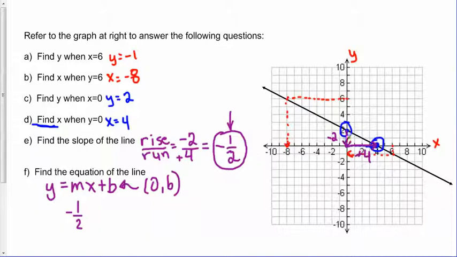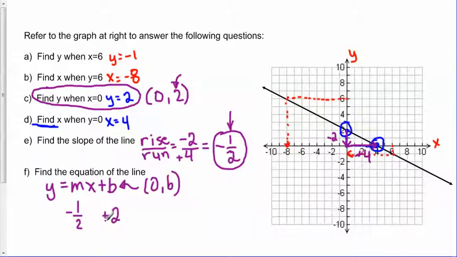So if we take a look at our graph, we could say, wait a minute, we actually talked about that y-intercept. Remember up here in part C, we had finding y when x was 0. Well, this is basically telling us that if x is 0, y is 2, there is our y-intercept. And so that 2 is going to be our b value. It's a +2, so we can go ahead and leave that plus sign there.